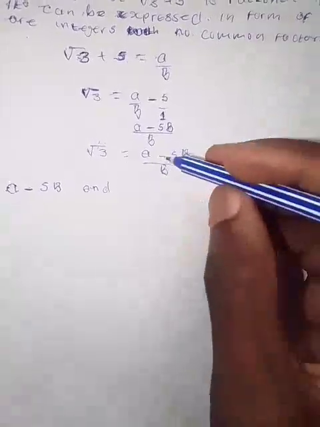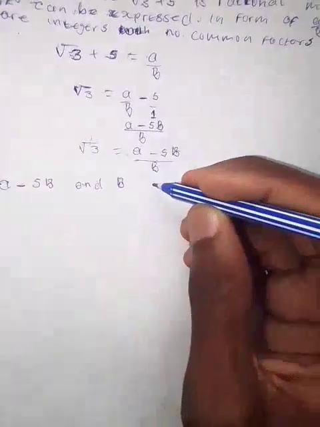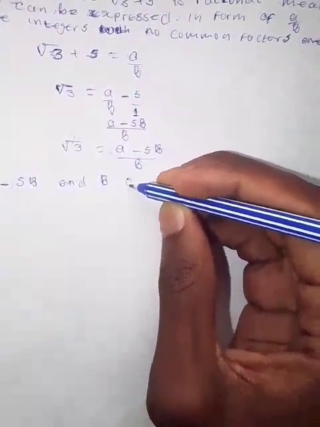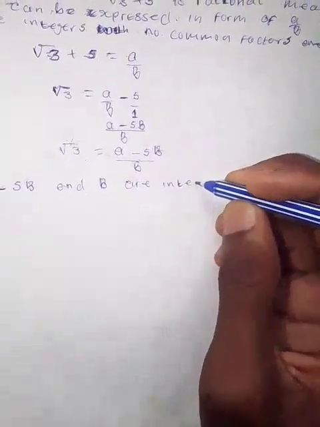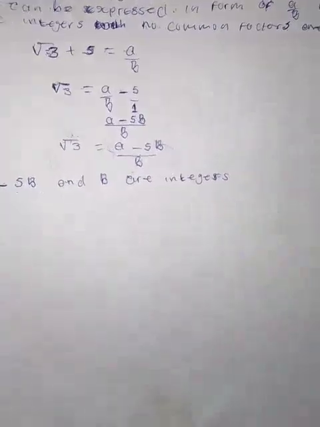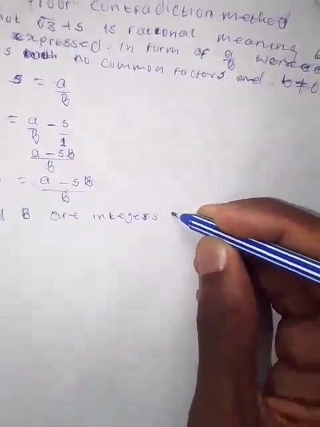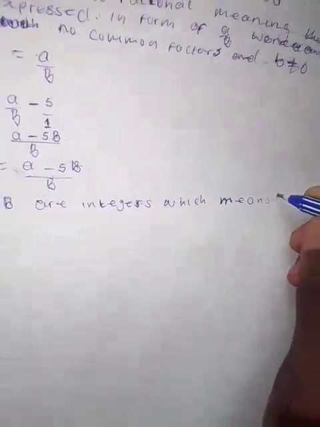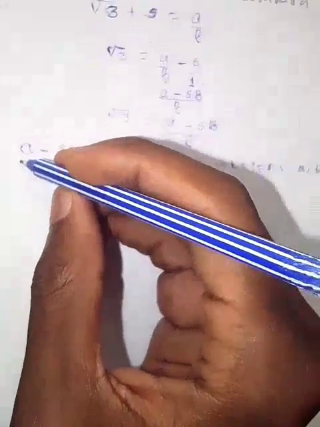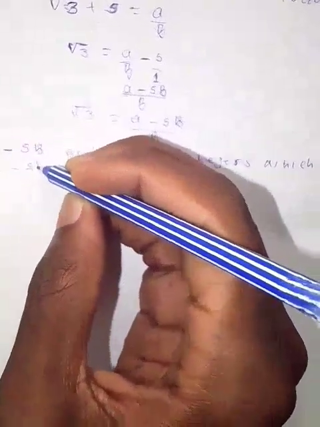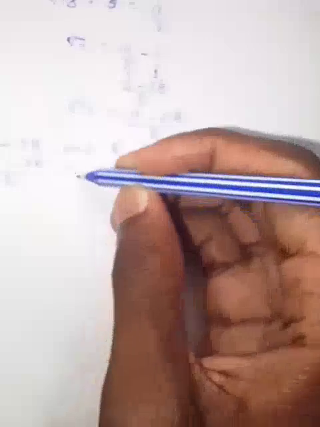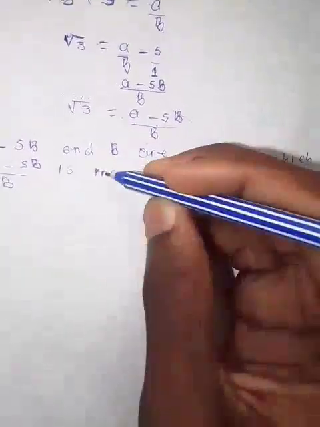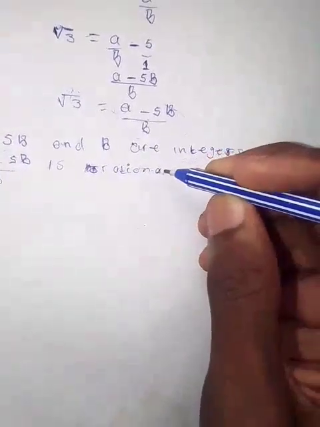So the numerator and denominator are integers, which means that A minus B over B is rational, since they are fractions.